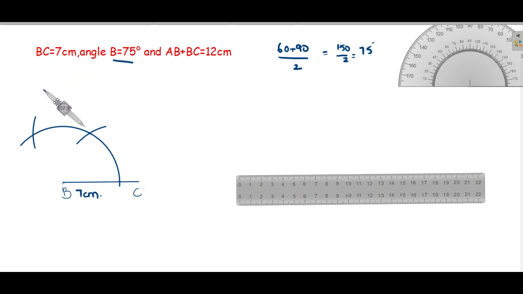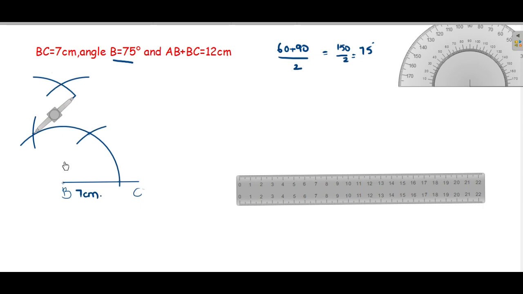Now let us keep the metal pointer at this point of intersection and then draw an arc. Keep the radius of the compass fixed. Now place the metal pointer at this point and draw another arc. We got a new point of intersection.